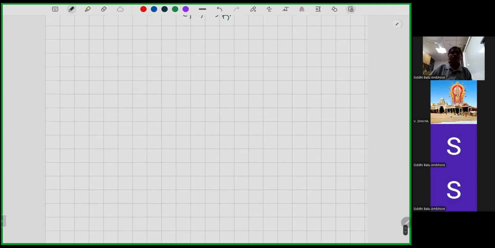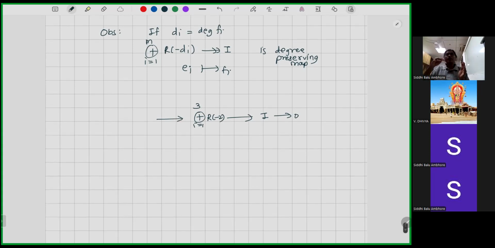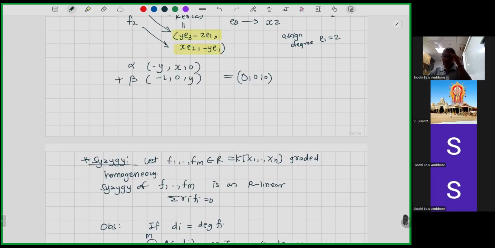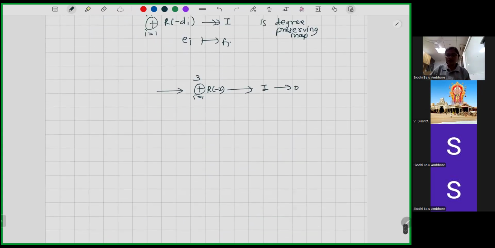So what I have here are going to 0. But now using this, I have this R(minus 2), i from 1 to m, 1 to 3. But now my minus R3 is going to a degree 0 element. This is F1 going to a degree 3 element here.